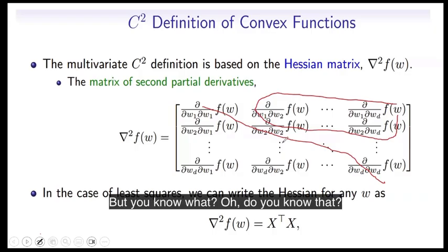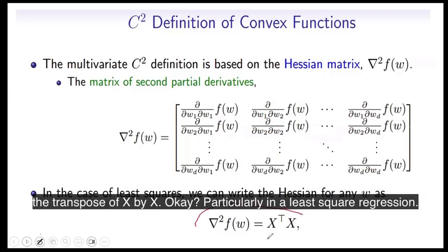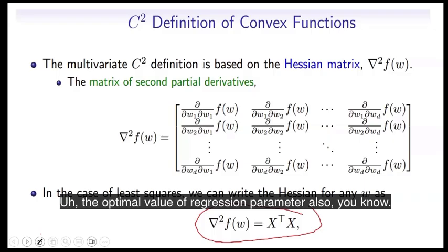But do you know that I can mathematically equate that to the transpose of X times X, particularly in a least squares regression, where we are seeking the optimal value of the regression parameter.